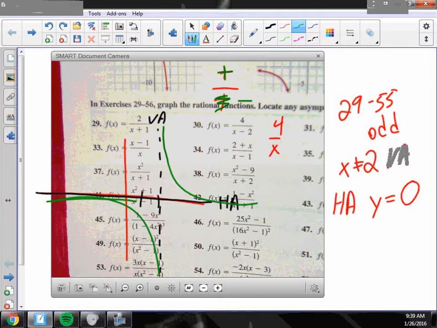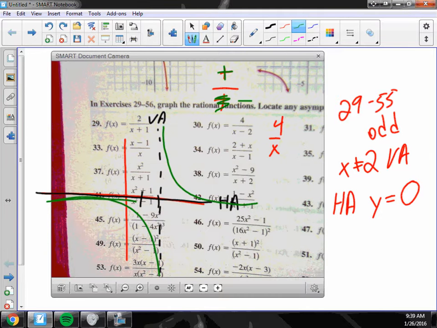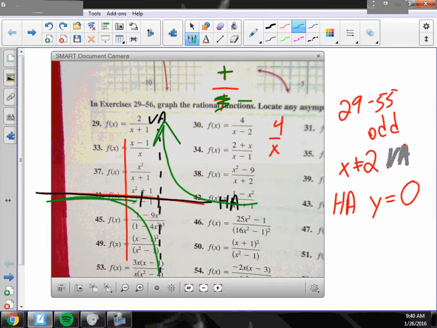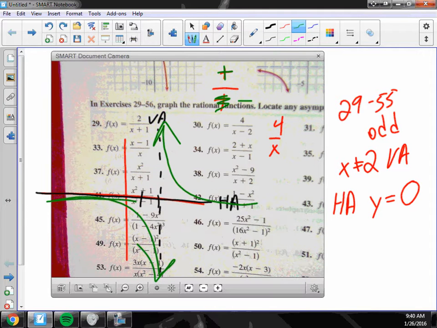How do I know that this vertical asymptote is going to be approached from 2 different directions? How did I know that if one of them goes up, the other one had to go down? Because x minus 2 only happened once.